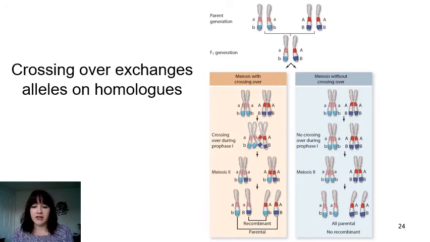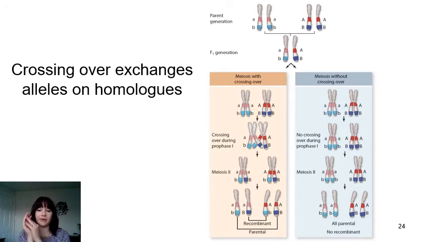Here is just another example of representation from your book of crossing over. Again, this is happening between homologs, not the sister chromatids. And in this, we have a nice example of the physical overlap of the two homologous chromosomes. Right?